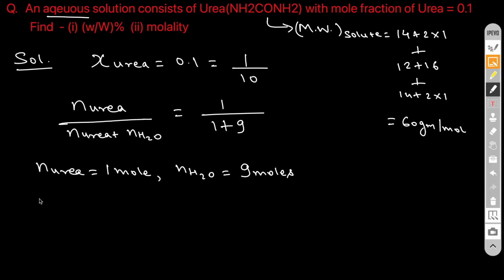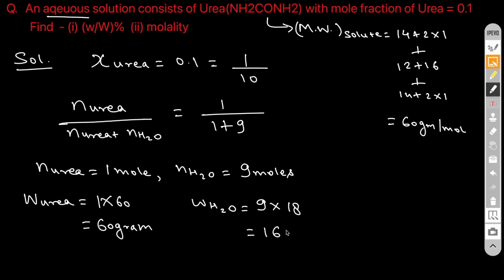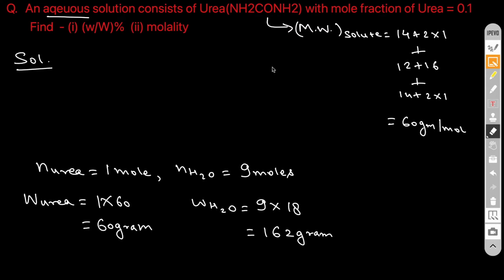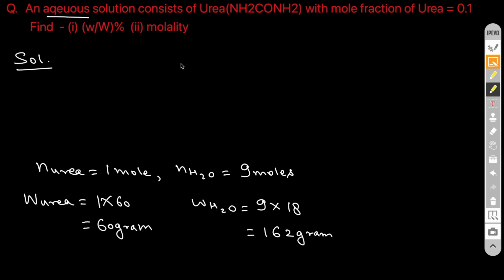Basically, we will write the weight of solute as 1 multiplied by 60, moles multiplied by molecular weight, which is 60 gram. Also, weight of water here is 9 multiplied by 18 gram per mole, which is the molecular weight of water. It will come out to be 162 grams.